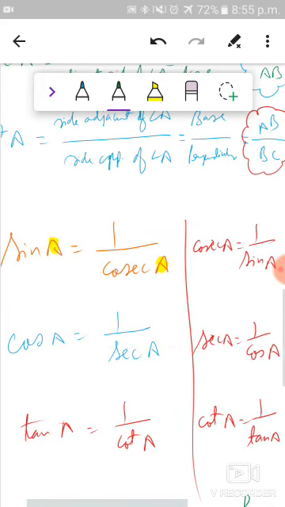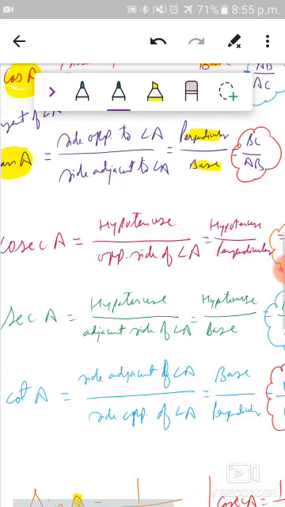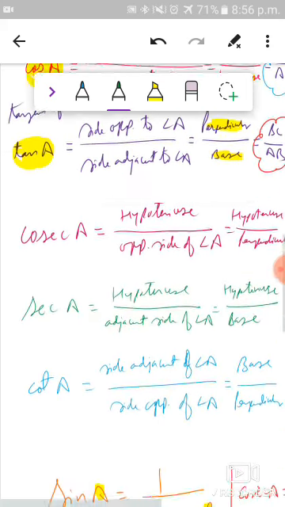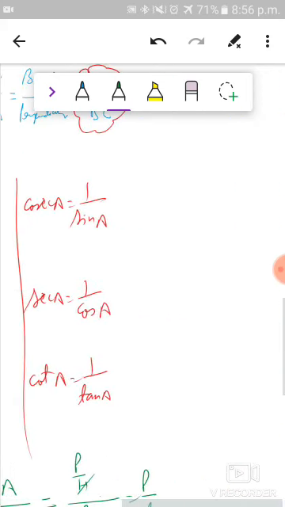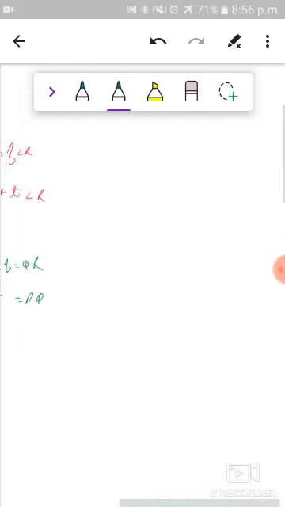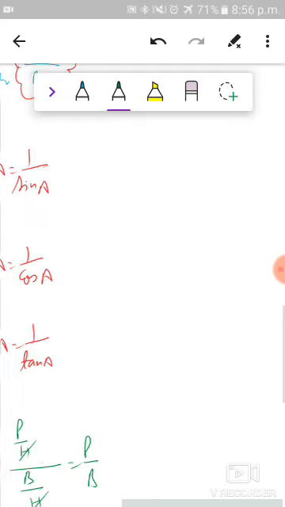Now if you face any problem while learning, if you are not able to remember that sine is the ratio of perpendicular by hypotenuse, I'm giving you one trick here. With the help of that trick you can learn it.